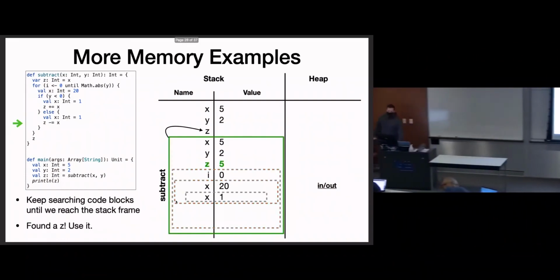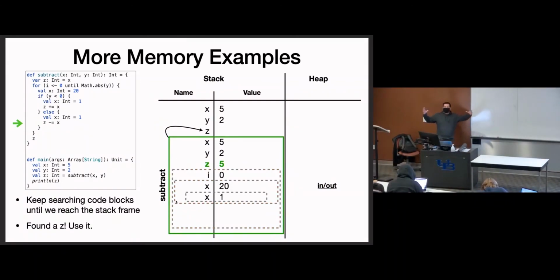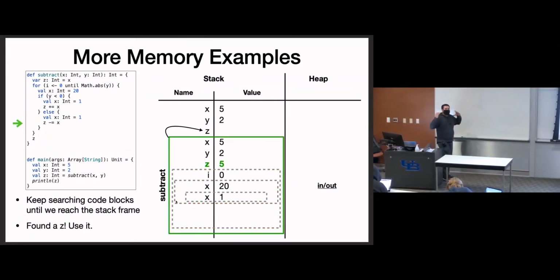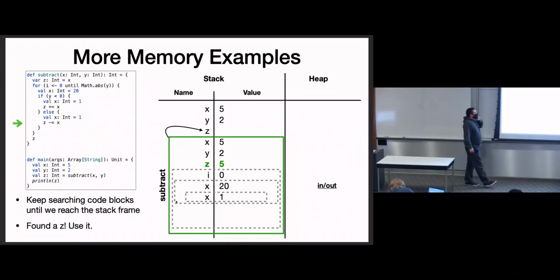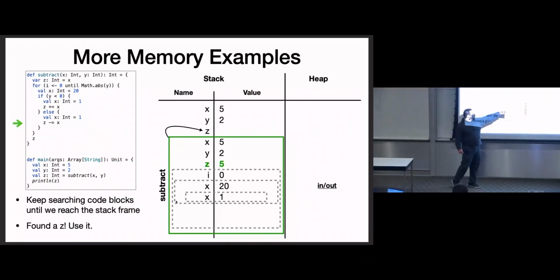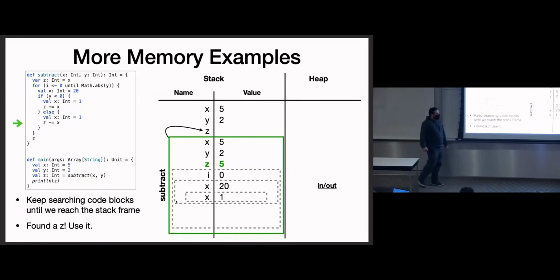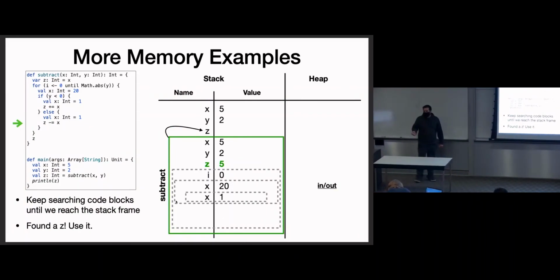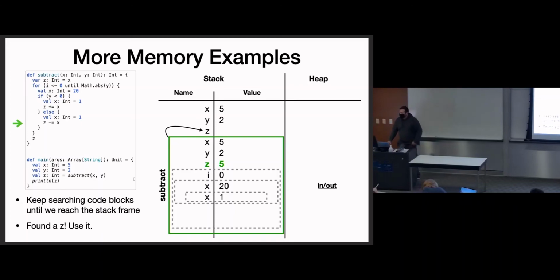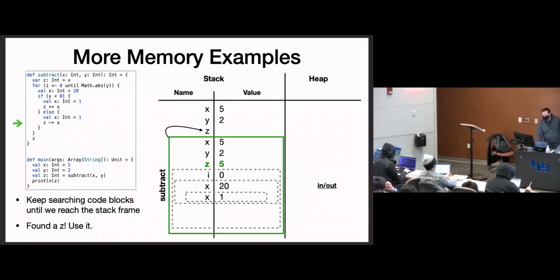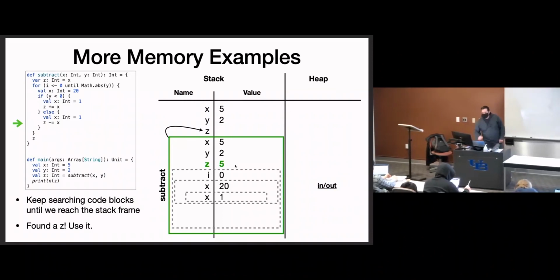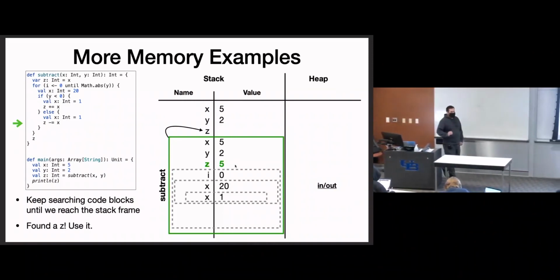We keep expanding to the next block until we reach the stack frame. We got all the way to the stack frame before we found our z. Z equals 5. That's the value of z we're going to use. 5 minus 1. Then we're going to reassign it back to that z. So we're going to cross this out and get 4 for our new value of z.